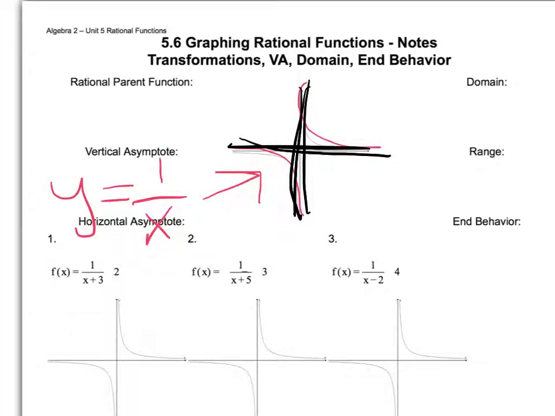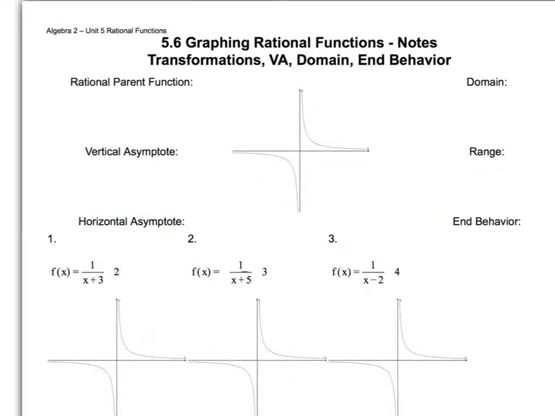And then, so, gotta clear this off. Okay, so, that's gone, and now we have the parent function right here, y equals 1 over x, and our vertical asymptote is right here, because that's a vertical line.